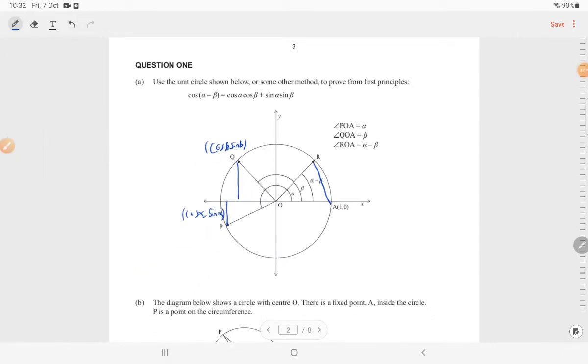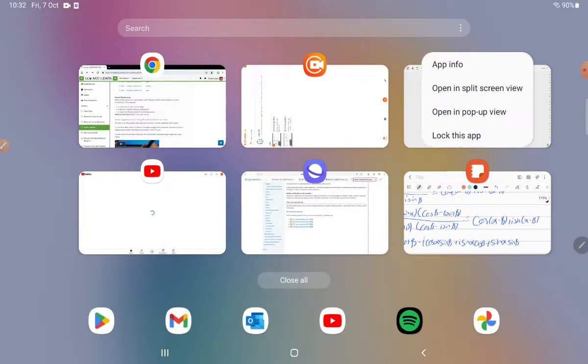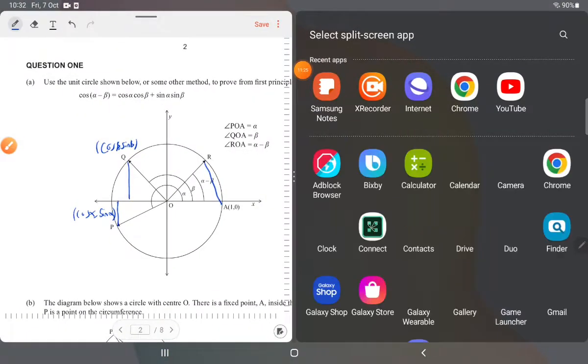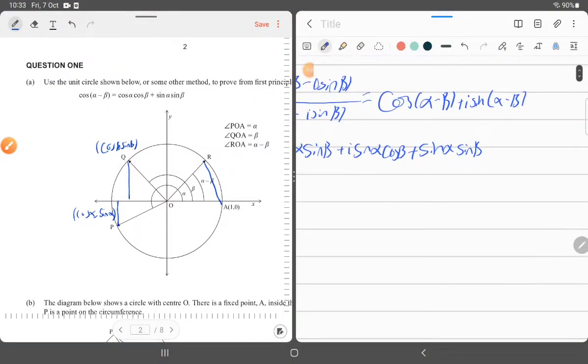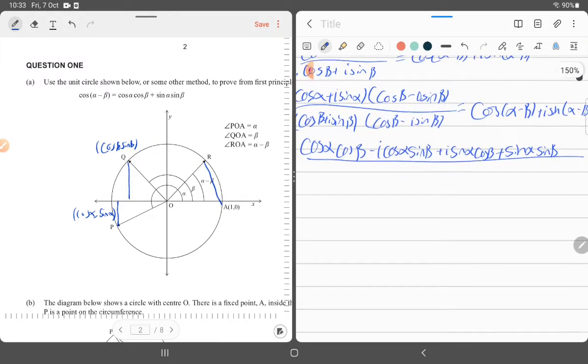All over cosine squared beta plus sine squared beta, but this is actually just 1.